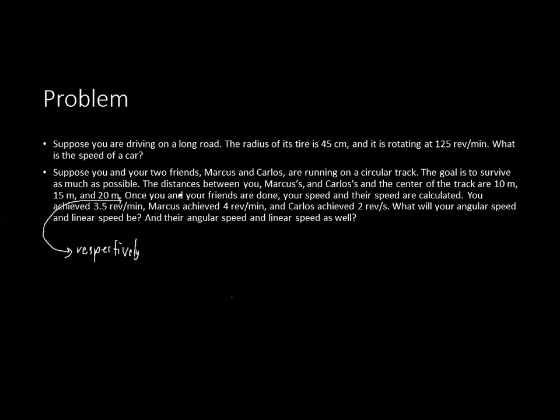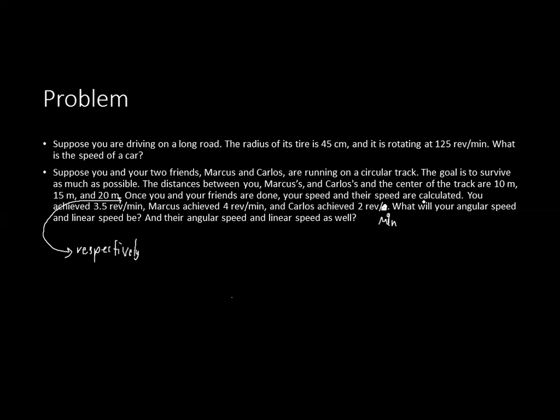Okay? Once you and your friends are done, your speed and their speed are calculated. You achieve 3.5 revolutions per minute. Marcus achieved 4 revolutions per minute, and Carlos achieved 2 revolutions per second. Wait, no, this is supposed to be a minute. Oh my God, that's unrealistic.